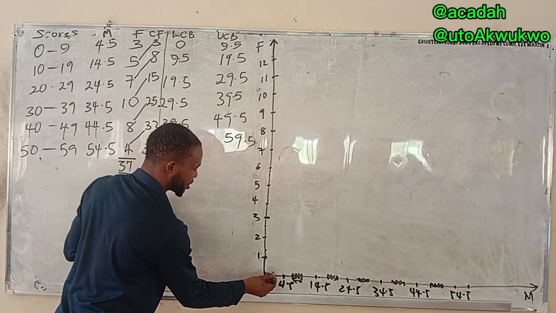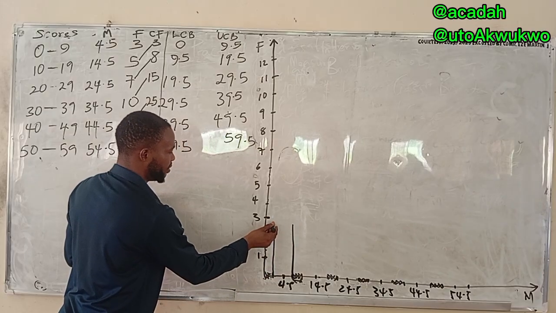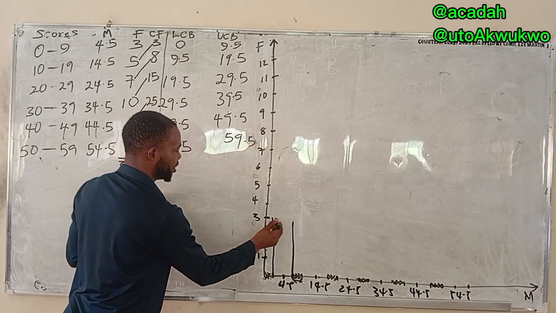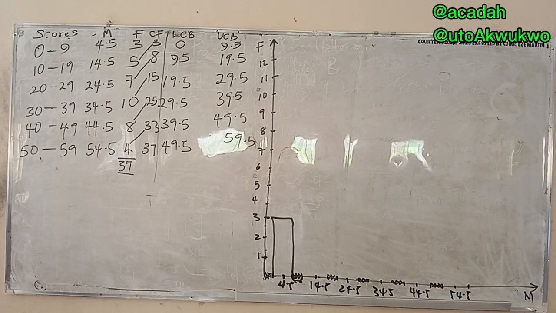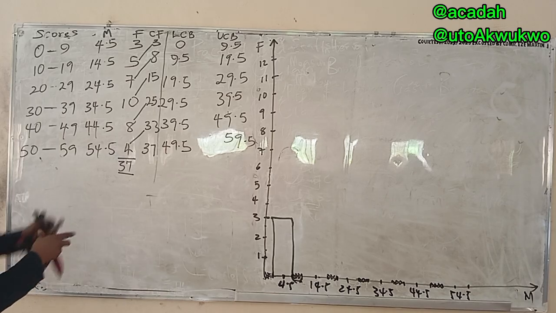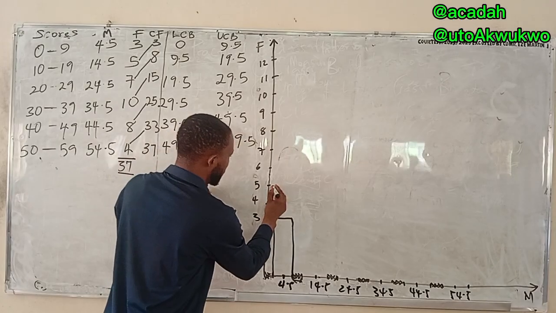And all these are the block rectangles I did for the first one. Using your meter rule, make it straight, make it neat, then you join, the way you normally do your graph from this point to this point. Then, come again, the next one for the 14.5 axis is 5. So I can come here and just locate this.